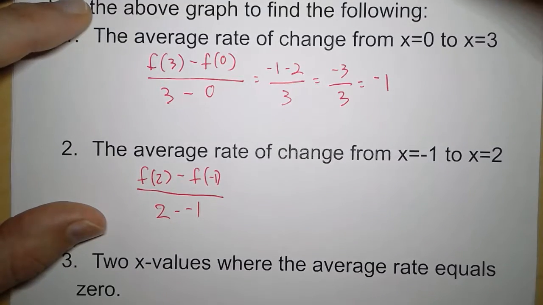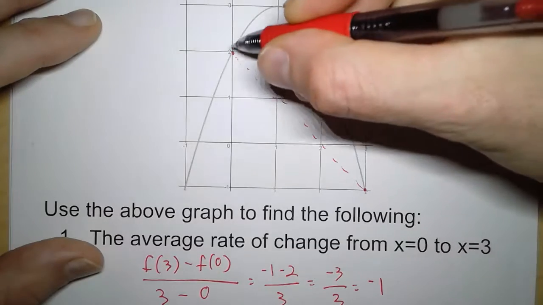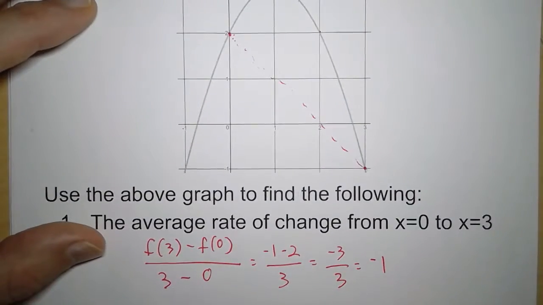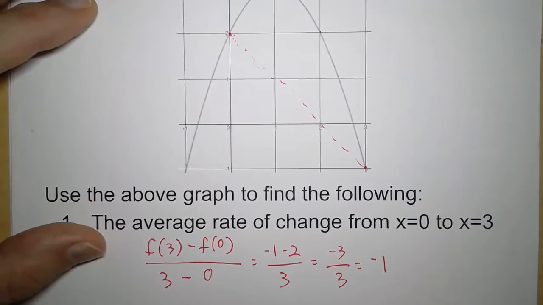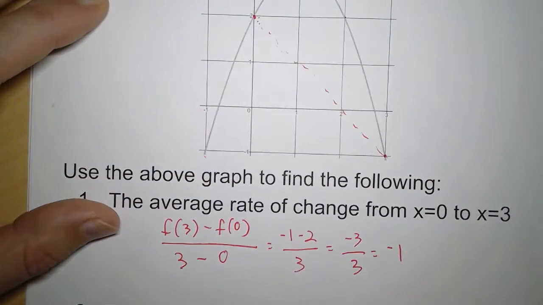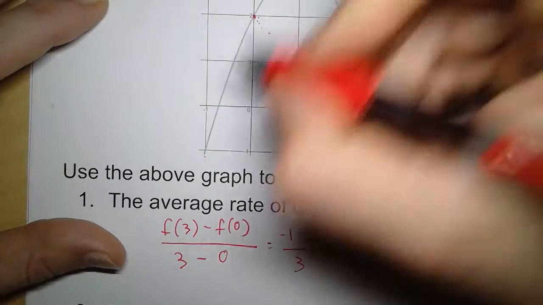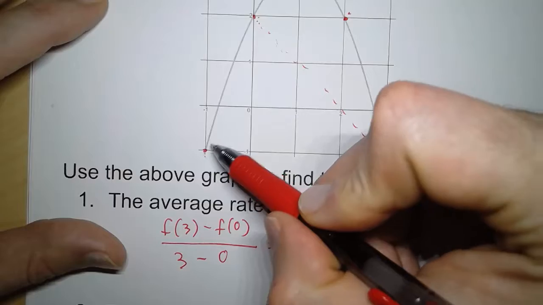So at 2, we have a value of 2. And then negative 1 is down here, that has a value of negative 1. 2 minus negative 1 is 3, but that's the same on the top, so that has a slope of positive 1 between this point and this point.